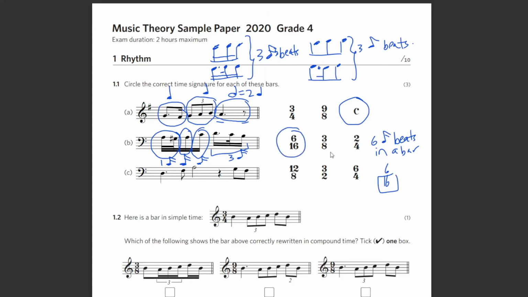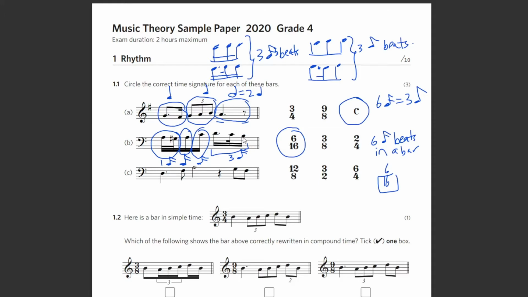Now, some of you may be asking, why is it not 3/8 time? Because 6 semiquaver beats is equal to 3 quaver beats, right? Well, this has something to do with the grouping. You notice that the notes are grouped 3 semiquavers by 3 semiquavers.